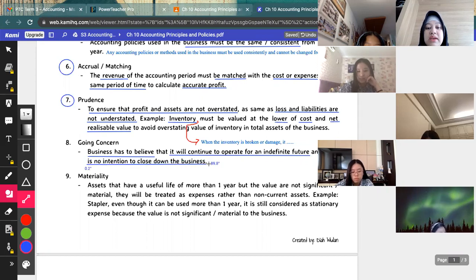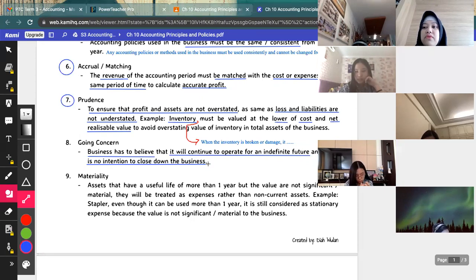So that's the belief that every single business must have. If you want to start a business and you say to yourself, let's say I'm probably not going to survive after 5 years, we cannot let that happen. So going concern is the belief that the business will continue to operate for the indefinite future. That is the principle that must be applied in the business. Yeah.